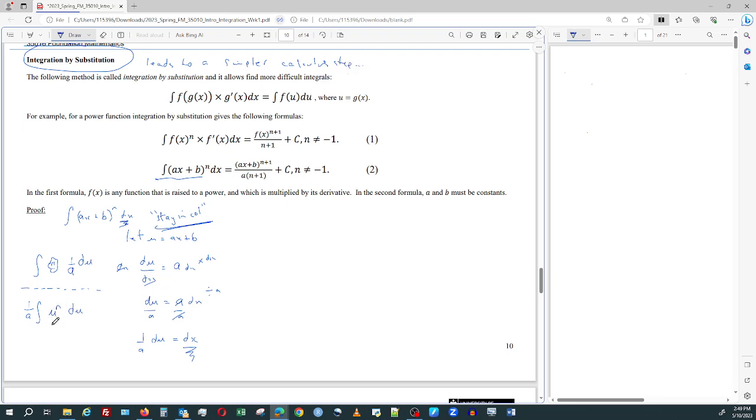So the integrand becomes 1 over a stays outside. u to the n becomes u to the n plus 1 divided by n plus 1 plus c. So in effect, that is our solution. Okay? So if we look at what we've got up here, it's the same thing.